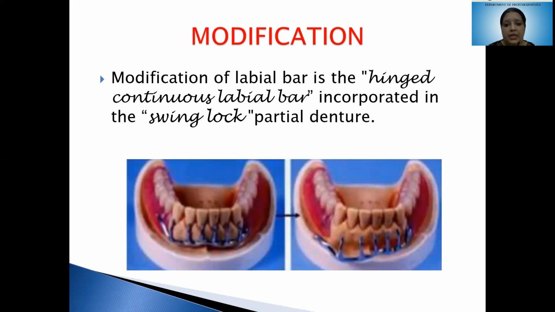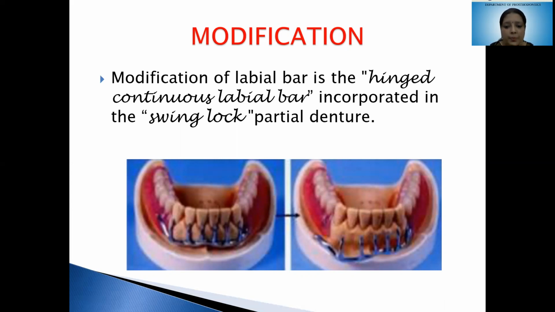There is a modification of this labial bar, which is called the swing lock prosthesis. It is again done when the lower teeth are severely lingually inclined, and after maybe some surgical cases, after cancer surgery, rehab, etc. The labial bar has a hinged joint on one side, like a gate, and this gate can be opened and closed.